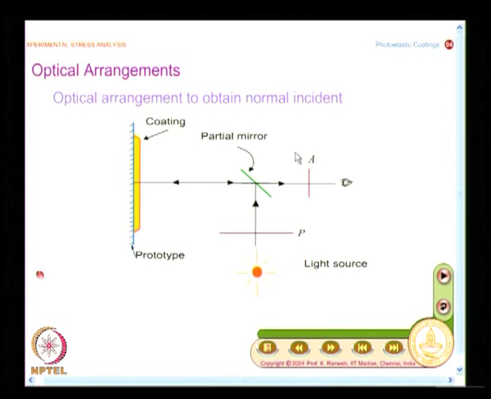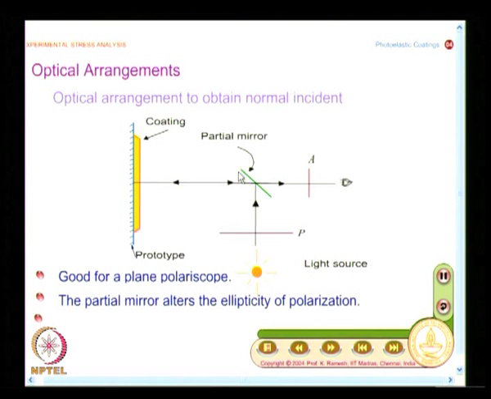Though this optical arrangement is good enough for a plane polariscope, the use of a partial mirror affects the ellipticity of polarization when I use it for a circular polariscope. And not only this, an arrangement of this nature is large and cumbersome for portable use.